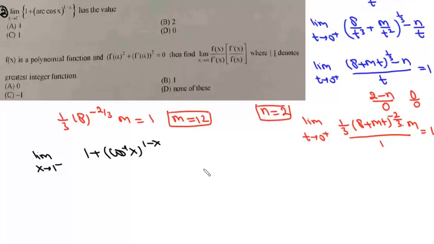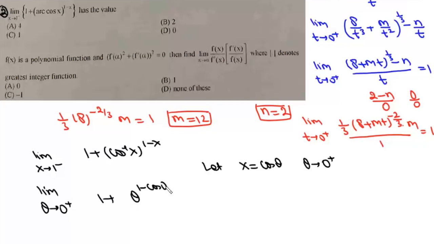Now in this what we'll do is we'll let x as cos theta. Now when x is 1, theta is 0. So from here we can say theta tends to 0 positive. So we can write this limit as limit theta tends to 0 positive (1 plus theta) to the power 1 minus cos theta. Now this is 1 and here it is 0 to the power 0 form.